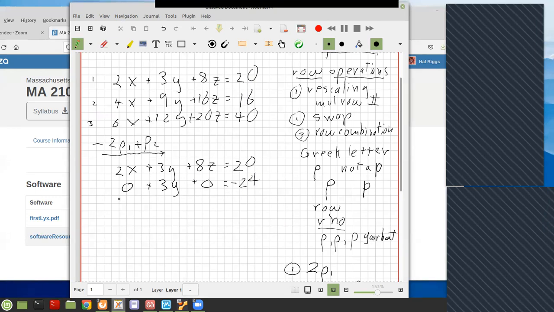And then we repeat the last row. Okay, so there's the transformed system.